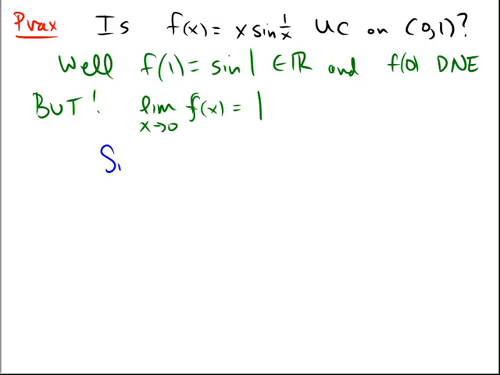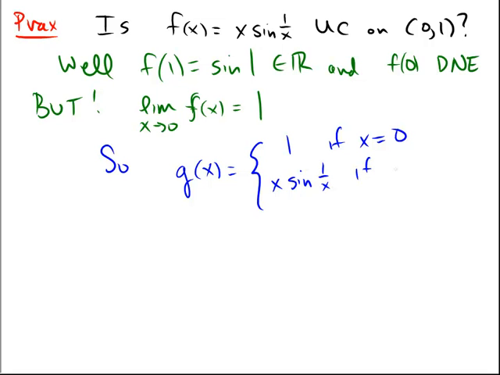So here's our extension function. We let g of x equal 1 if x happens to be equal to 0, and we let it be x sine 1 over x if 0 is less than x is less than or equal to 1, even though that's not f because f is only on the open interval from 0 to 1.